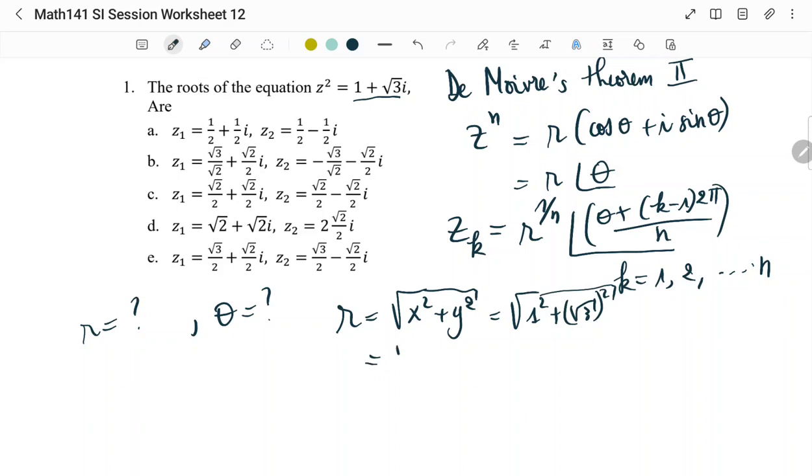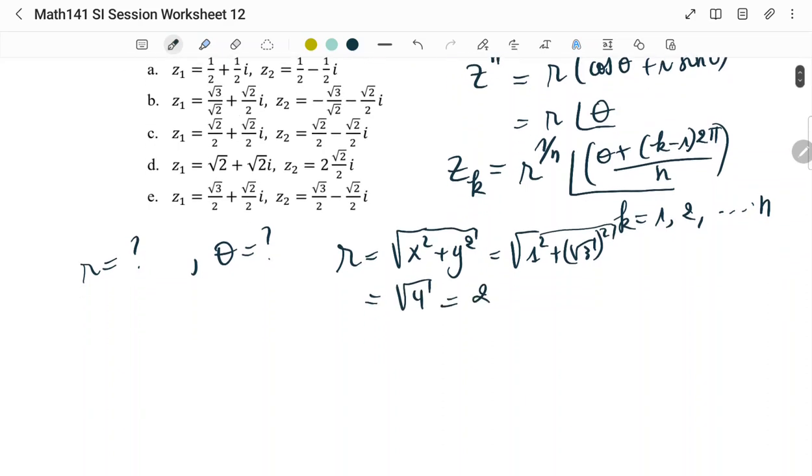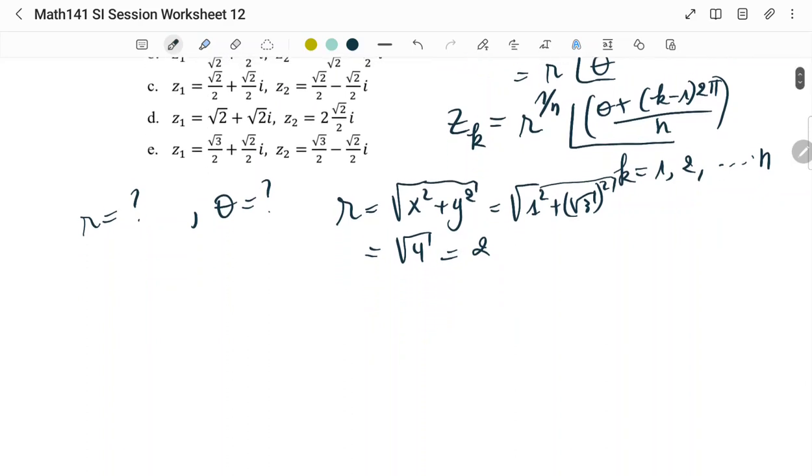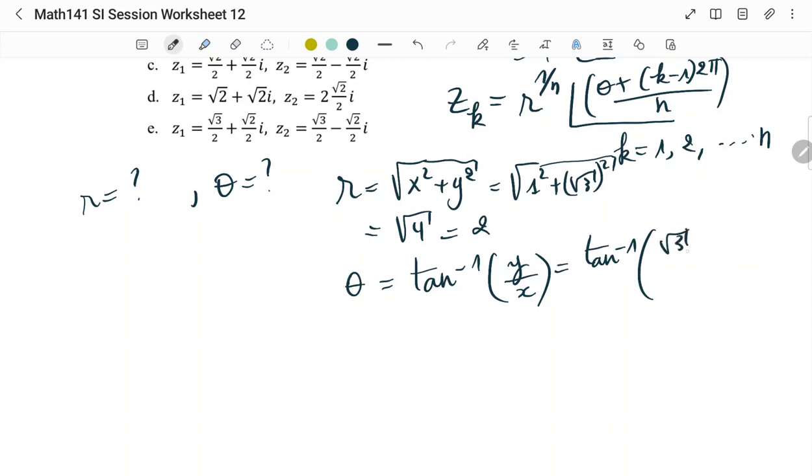And that just gives us r is equal to root of 4, which is equal to 2. Okay, so then theta is equal to tan inverse of y over x, which is equal to tan inverse of root 3 over 1.